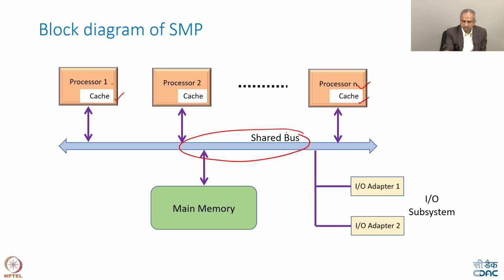This is the shared bus that connects all the processors to the unified memory. Similarly, on the bus the IO subsystem also exists. Here you can see that all the processors have equal access to the memory and they access it at the same speed. This is how SMP works.